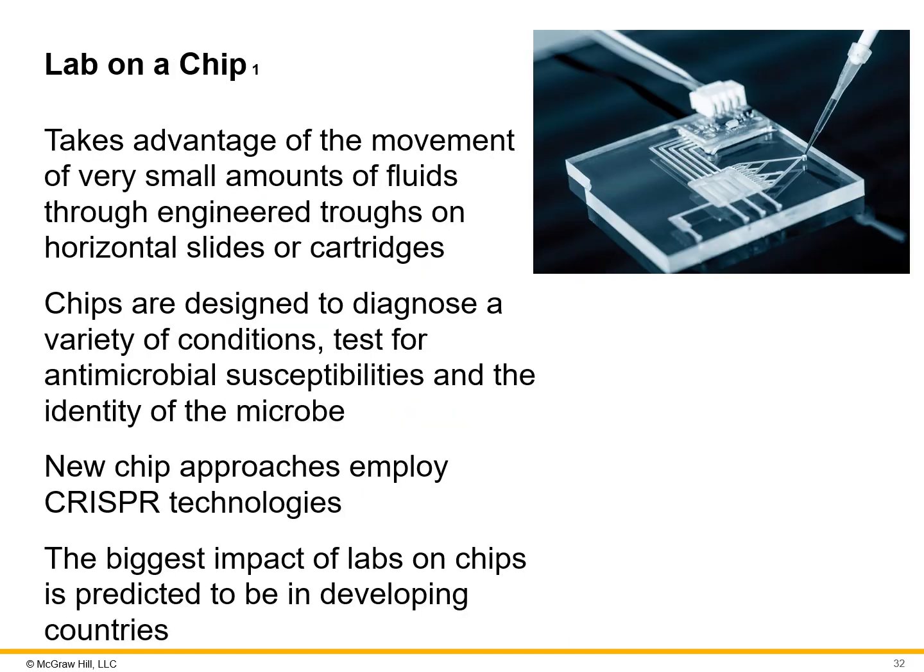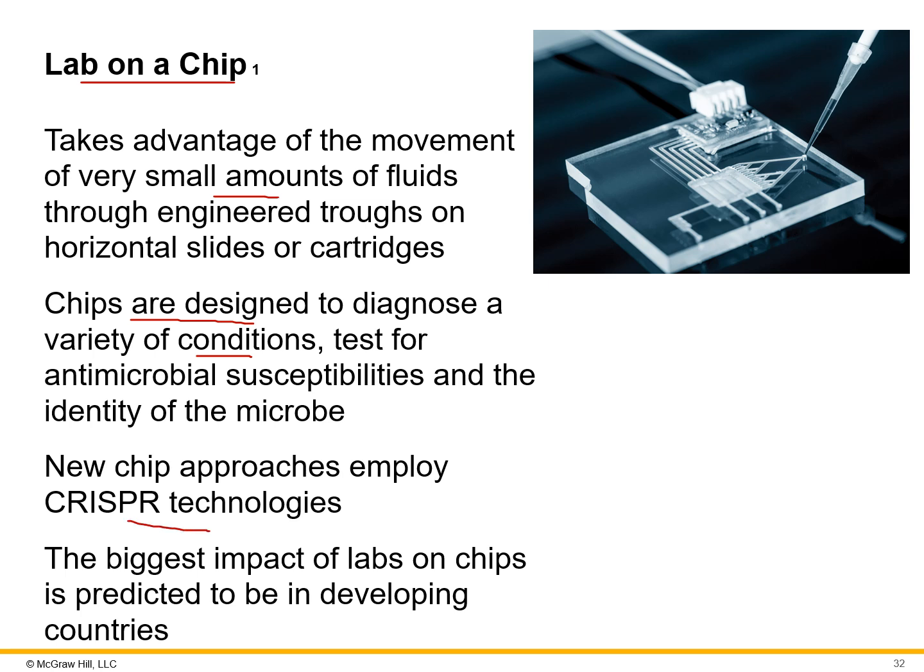And this has been further made into what's referred to as lab on a chip. So it takes advantage of using small amounts of fluid because it doesn't need a lot to put on that little cartridge. But these chips are designed to diagnose, again, a variety of conditions or tests all at one time. So each little well or each plate could be doing something different.